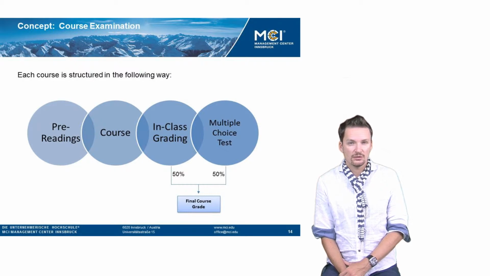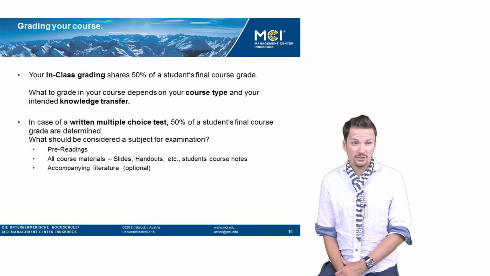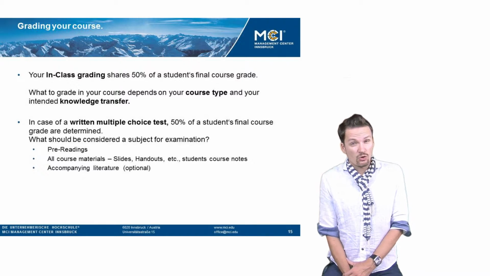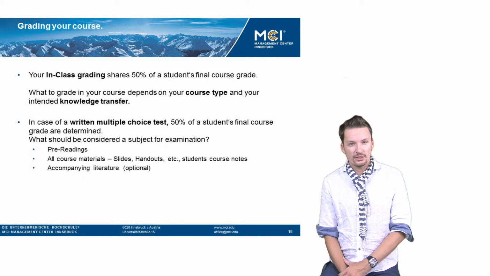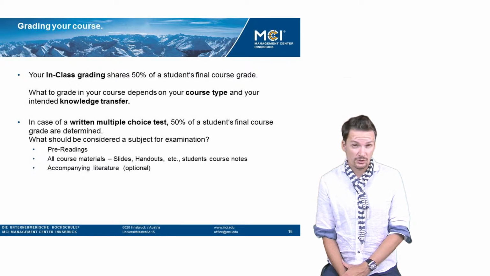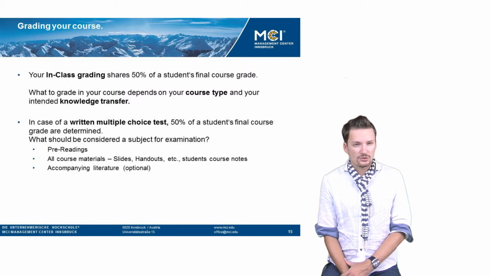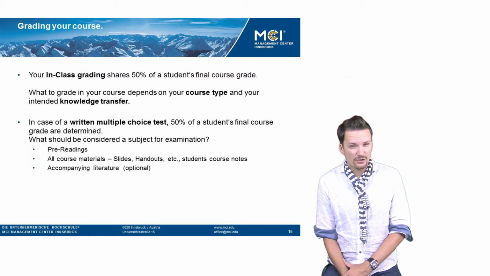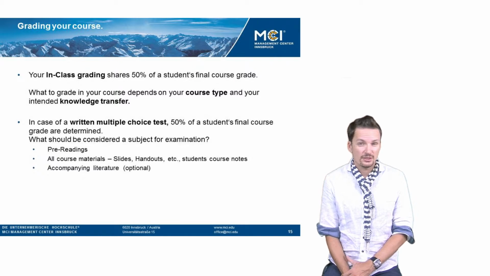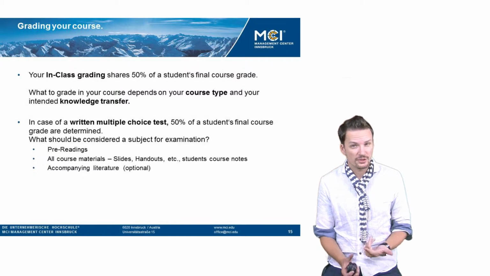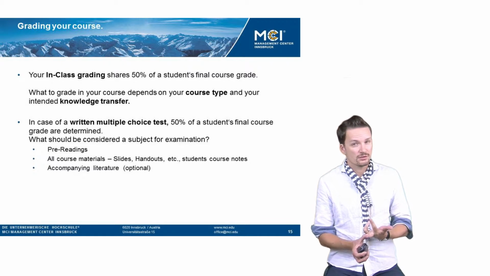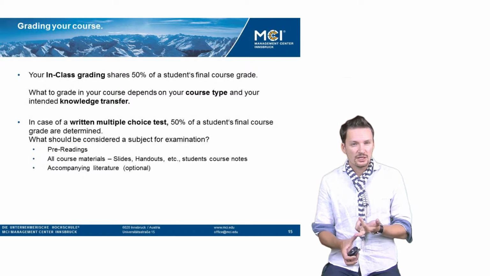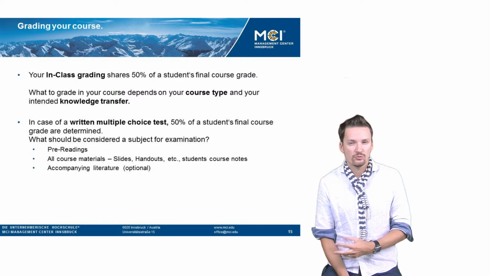So what does this mean in more detail? So how the course is graded. In-class grading always shares 50%, as we could see just before. The type of grading, is it seminar work, is it a project, is always determined by the type of course.